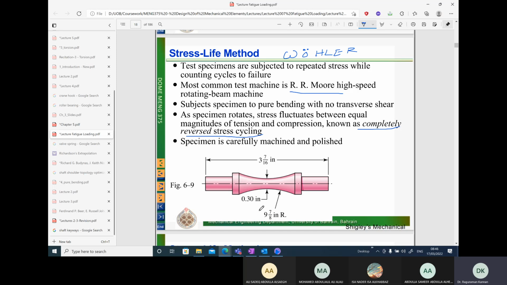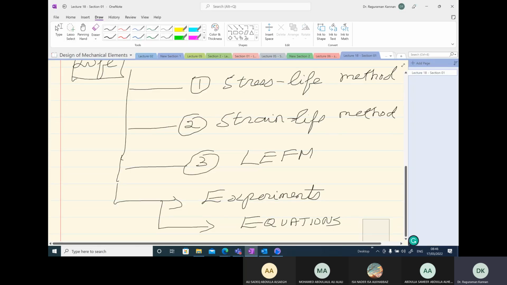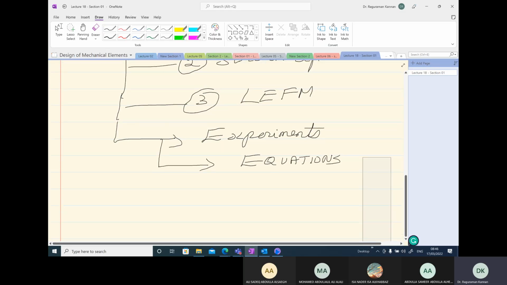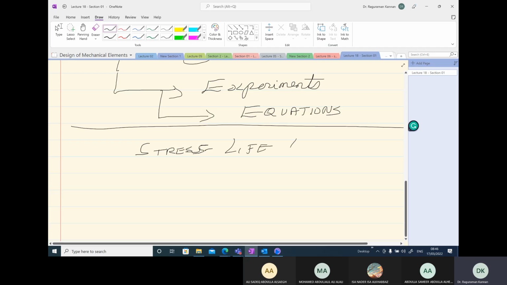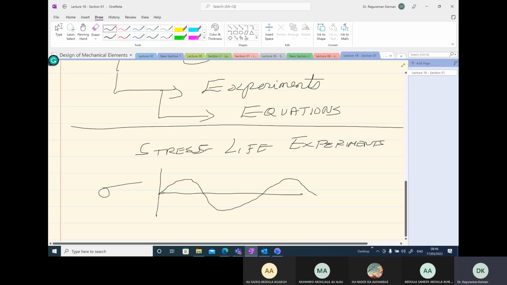So how do we apply the stress? Let's say the y-axis is the stress, and we want to apply a bending stress. We apply it in a cyclic way, just like a sinusoidal curve.